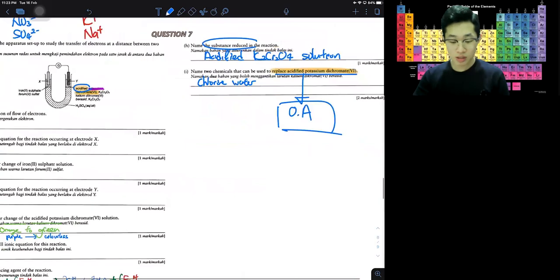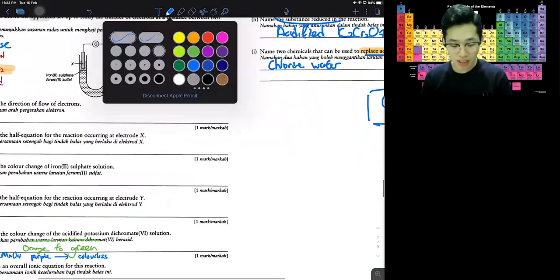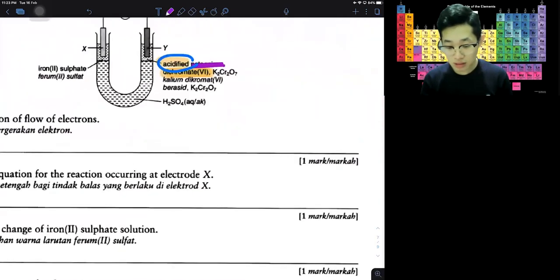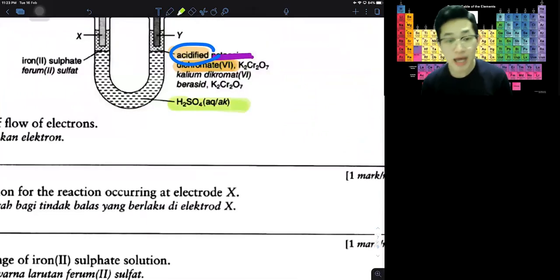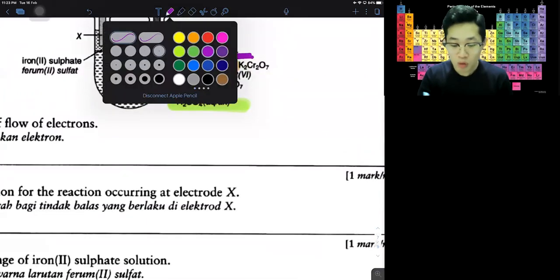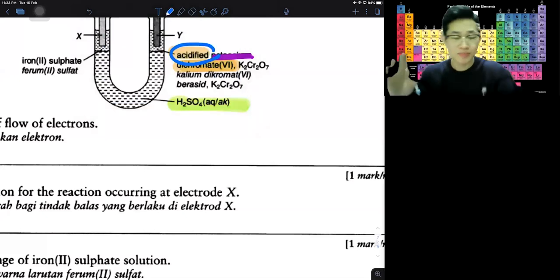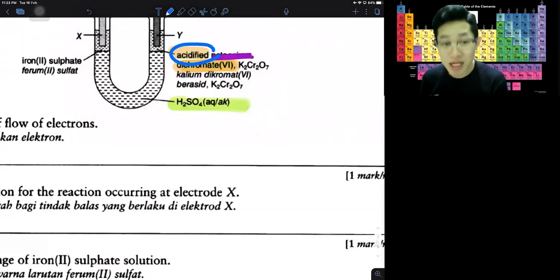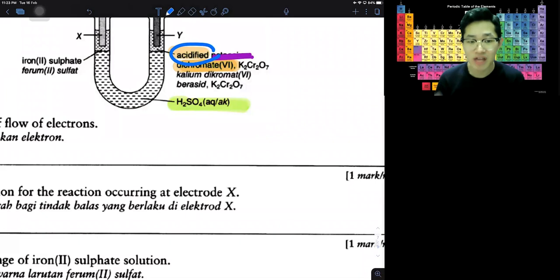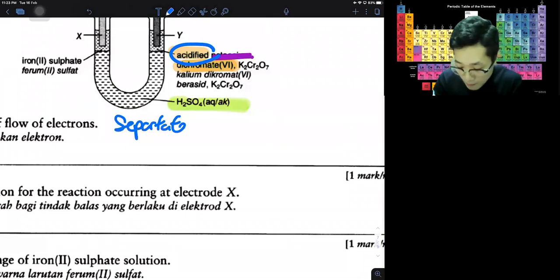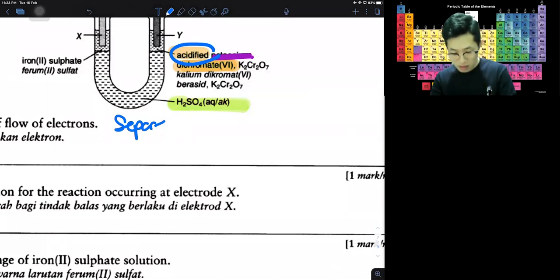Okay, one thing here, which is about this H2SO4. Almost every time, they will ask you about the function of H2SO4. The function of H2SO4 is to separate.